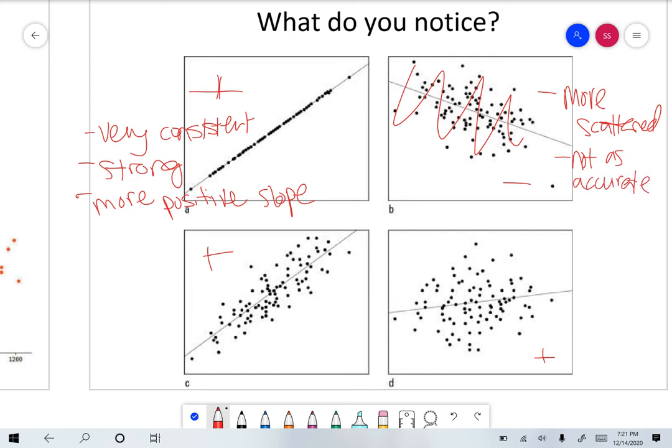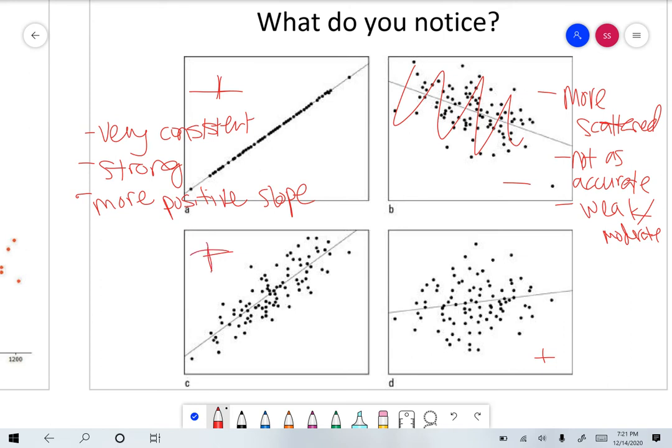It's less consistent. So we would call that like a weak or maybe moderately weak relationship.